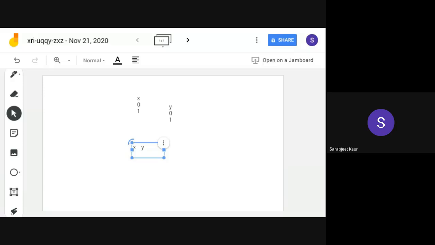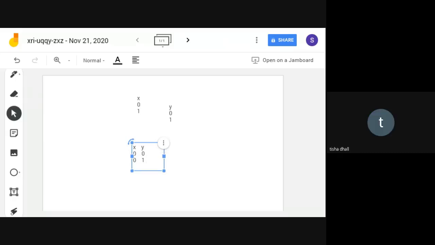The first case is that when x is 0, y is also 0. The other case may be that x was 0, but y could have taken the value 1. Yes, because they are multiple variables, they are not related to each other.